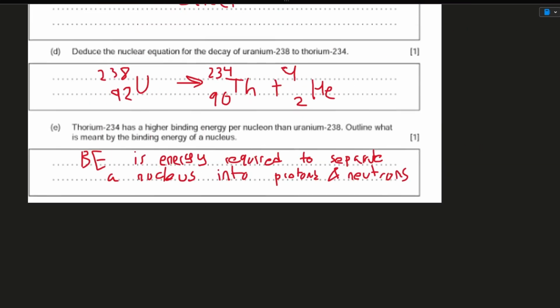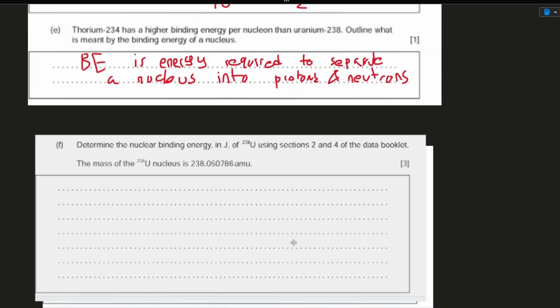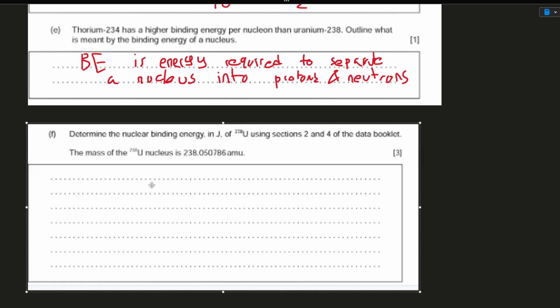I think we're missing one more part though. Oh yeah, part F. I'll just copy and paste that in right now. So, here we have determine the nuclear binding energy in joules of uranium-238 using section 2 and 4 of the data booklet.